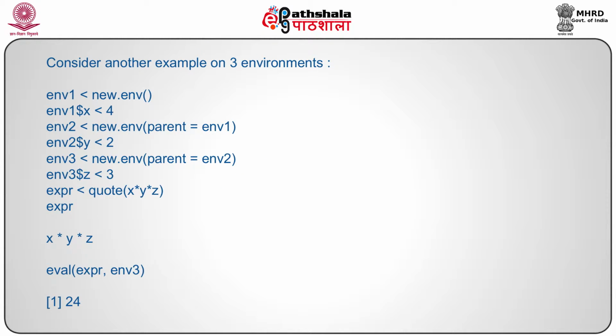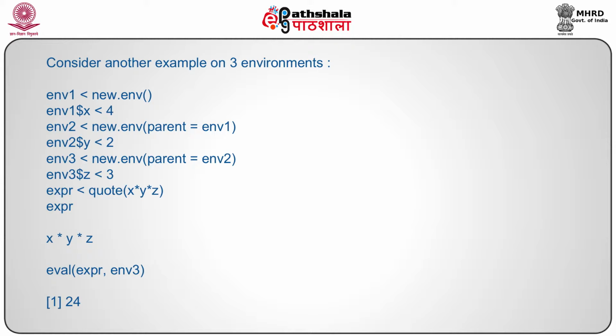Now consider another simple example on three environments. Here, environment 1 is the new environment where x is assigned to be 4. Then, considering environment 1 to be the parent, environment 2 is defined with y as 2.